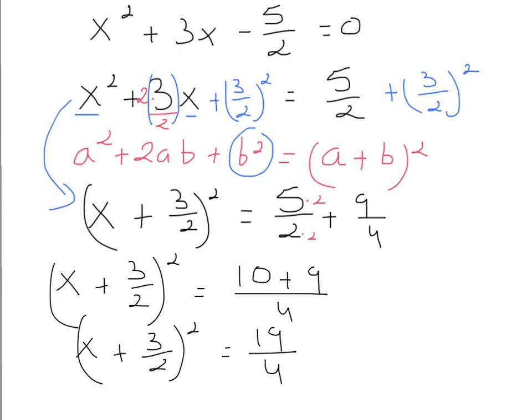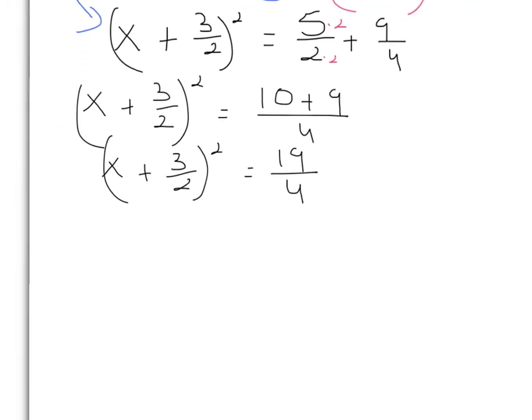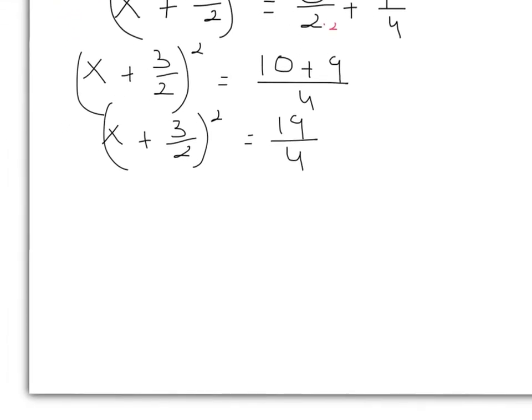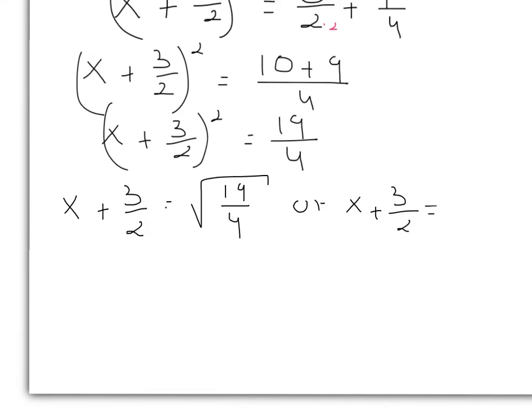All right, let's continue. We can use the square root method here. We have a square, so x plus 3 over 2 equals the square root of 19 over 4, or x plus 3 over 2 equals minus the square root of 19 over 4.